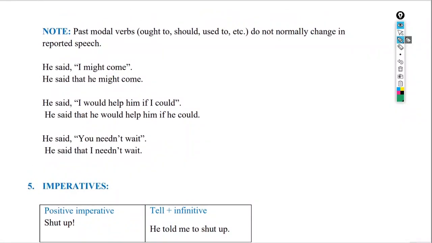One very important thing here that we need to remember is that while we are changing from the direct to the indirect speech, many times the children commit a mistake with the modal. When there is a change in the modal, then the verb never changes. He said, "I might come." Let us see the indirect narration. He said that I will be transformed into he, because this is related to he.